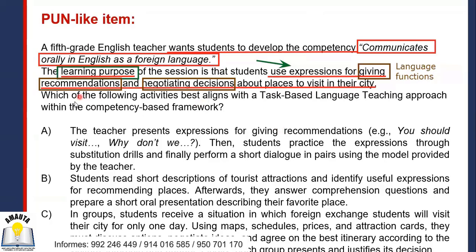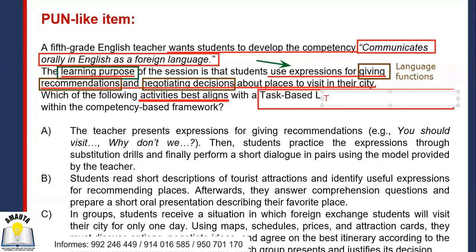The question here is, which of the following activities best aligns with the task-based language teaching approach, TBLT, within the competency-based framework?